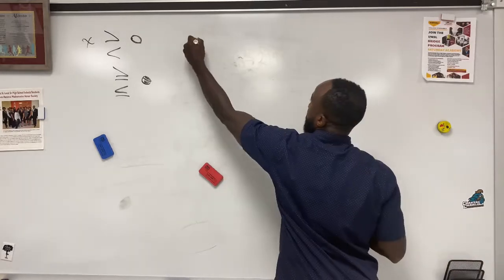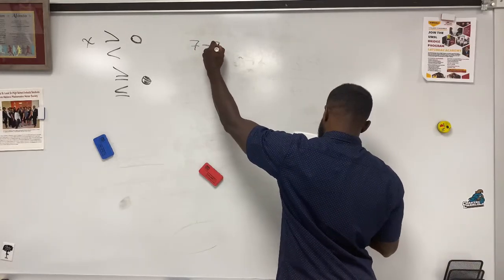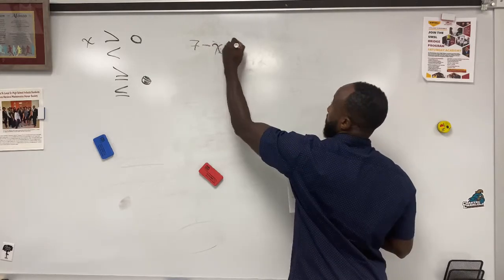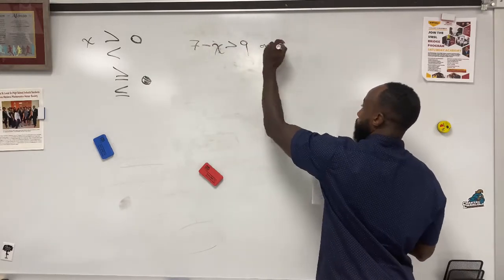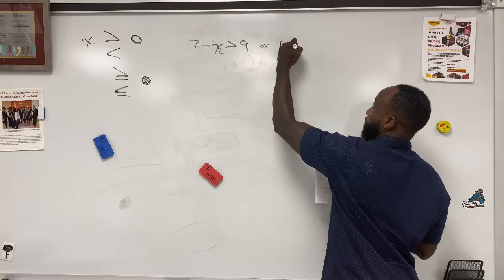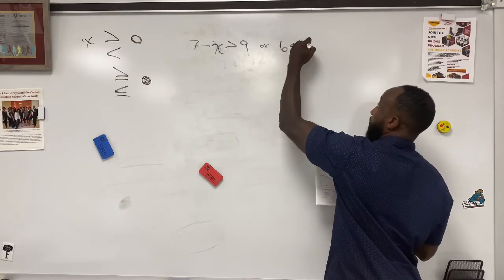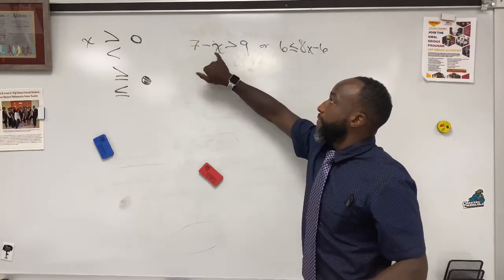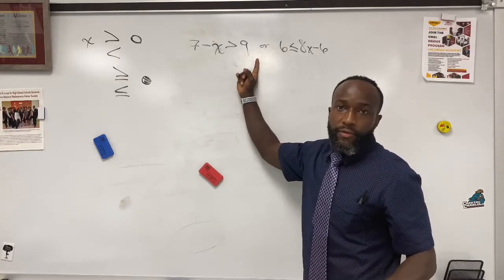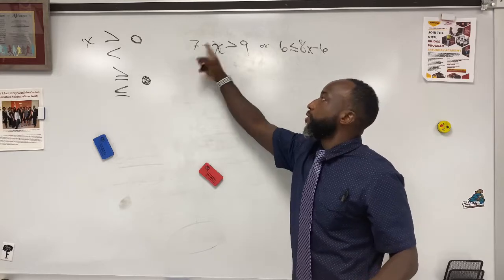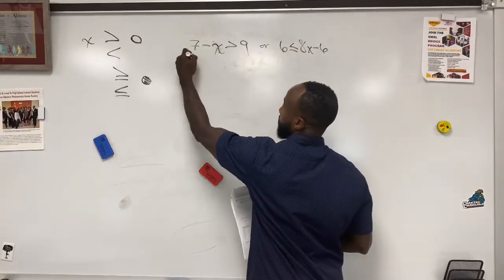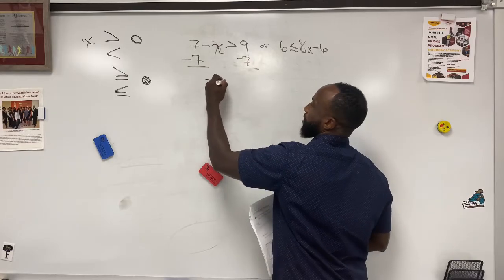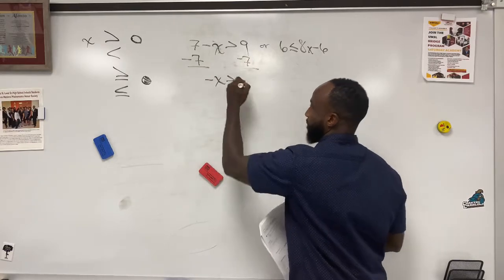So you're going to have 7 minus x is greater than 9, or 6 is less than or equal to 8x minus 6. Do the math. You got a regular number over here, constant over here. So you're going to move this 7 over. Subtract 7 from both sides. So your negative x is greater than 2.